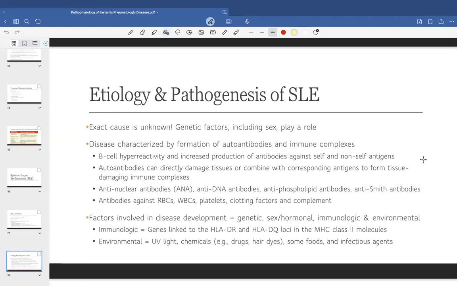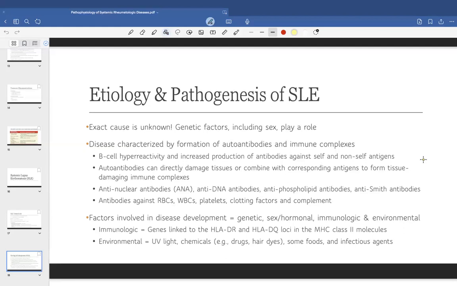And so if you think about it, some of these antibodies are against the nucleus of the cell. So you have anti-nuclear antibodies, anti-DNA antibodies, anti-phospholipid antibodies, anti-Smith antibodies. So you have all these different antibodies that can attack different parts of the cell itself.